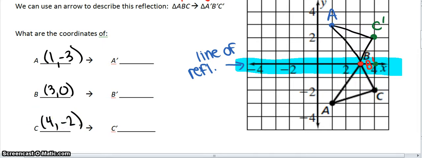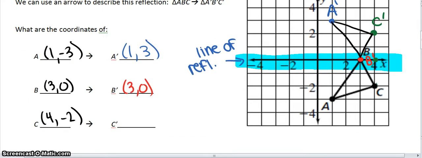Whereas A prime went to 1 on the x, and we went up 3. B prime stayed the same. So it's 3, 0, because you can't really flip it over the line because it's on the line. And C prime went to 4 on the x, and up 2 on the y.